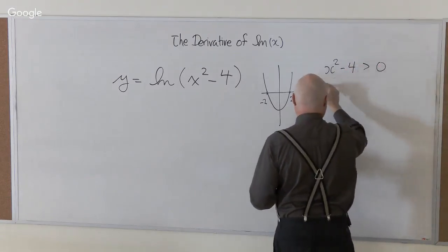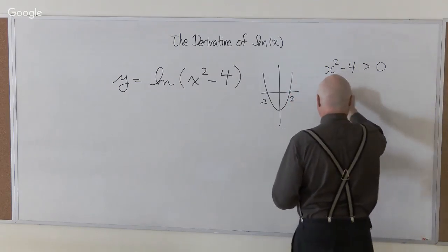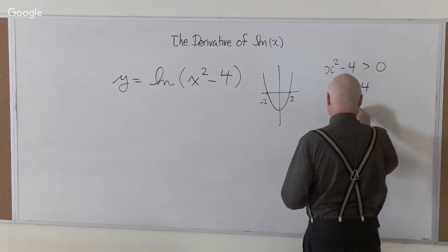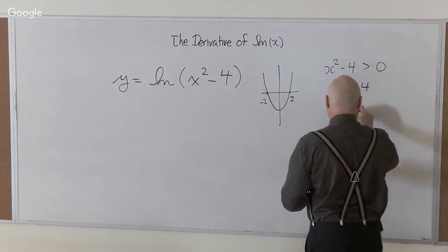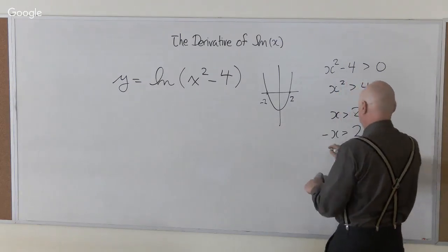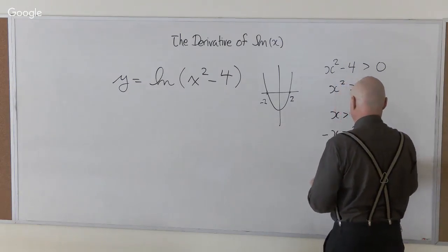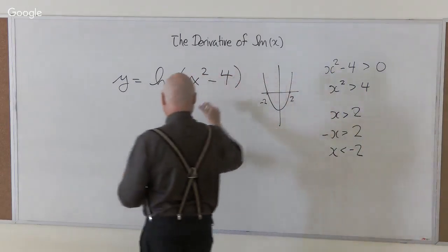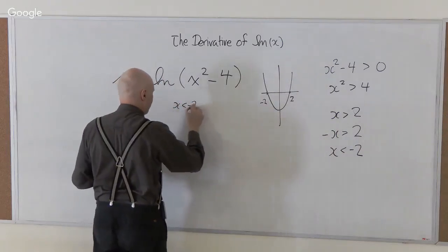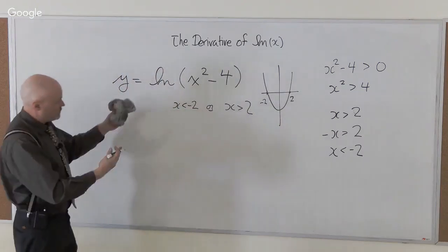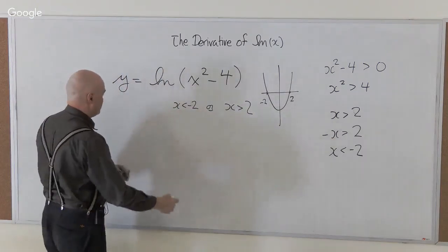So that means that x squared has to be greater than 4. So that means that positive x has to be greater than 2, and that means that negative x has to be, not 4, negative x has to be greater than 2 as well, which means when I shift my negative sign over, x has to be less than -2. So this function exists when x is less than -2 or when x is greater than +2, okay? Otherwise, when you look at that function, it just disappears in between there.